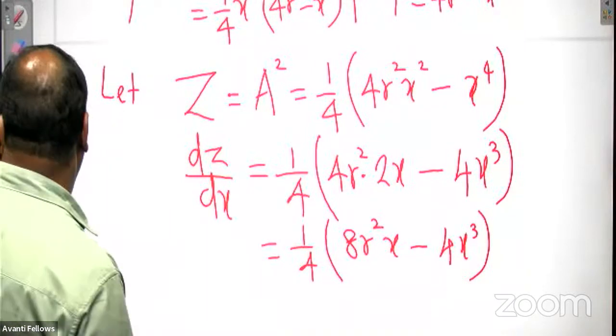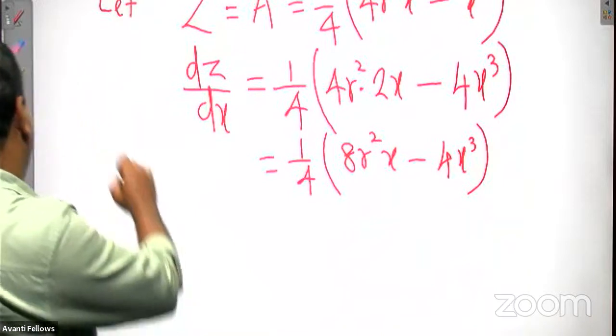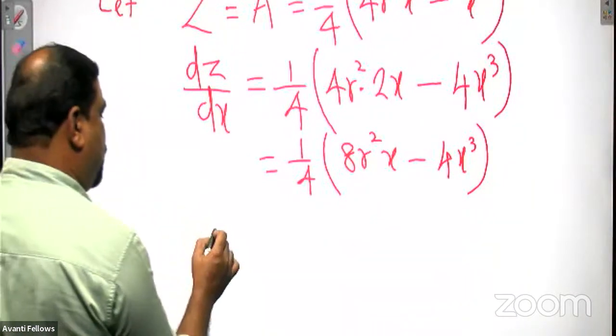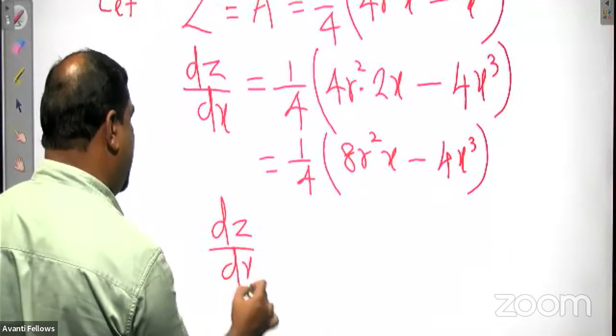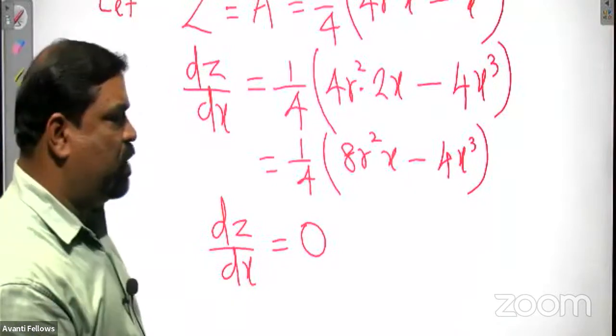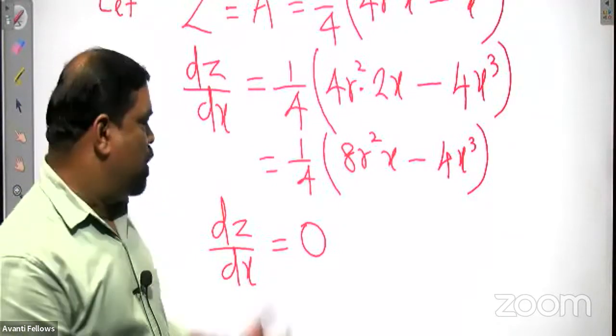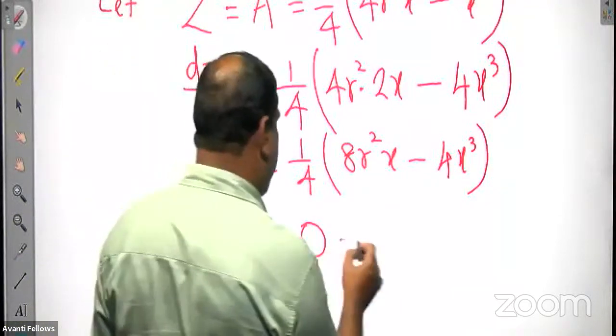Now what is the next step? Find the critical point. Critical point means we have to find the value of x where dz by dx equals 0. We have to see where the first derivative is 0. So dz by dx equal to 0 implies what?